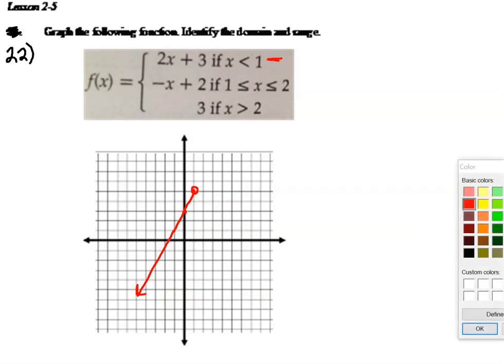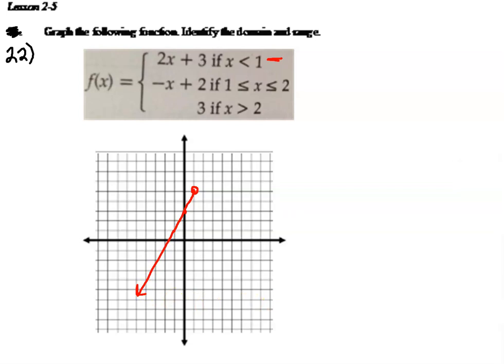Okay, next problem, I'll do this one in blue. Let's graph the line y equals negative x plus 2. So here's y-intercept 2, slope of negative 1. But instead of showing the whole line, show it only for x coordinates that are between 1 and 2.